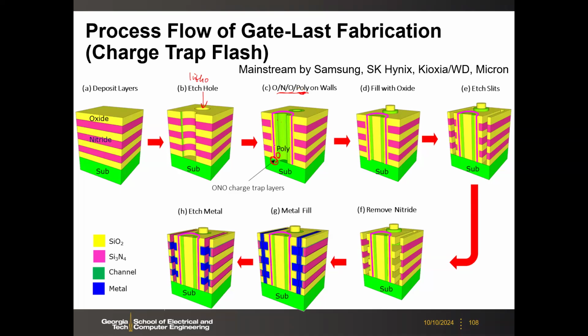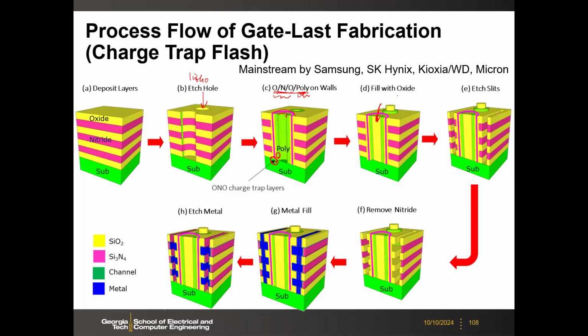So basically it covers the surface of this hole. And then you refill the core with the oxide. This yellow one is the core. First, you create this shell with those multiple layers, the charge trap layer and the channel layer, and then you refill the core with the oxide.